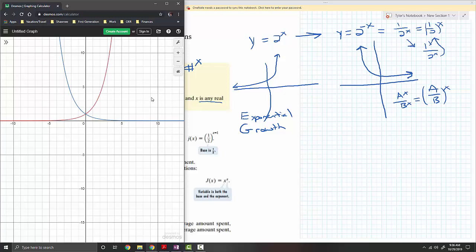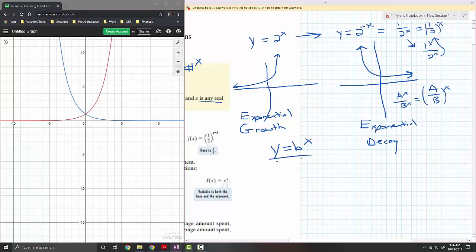So this y equals 1 half to the x would be an example of exponential decay. The idea is, if I have a function that looks like this, I want it to look like one of these graphs in order to be exponential.